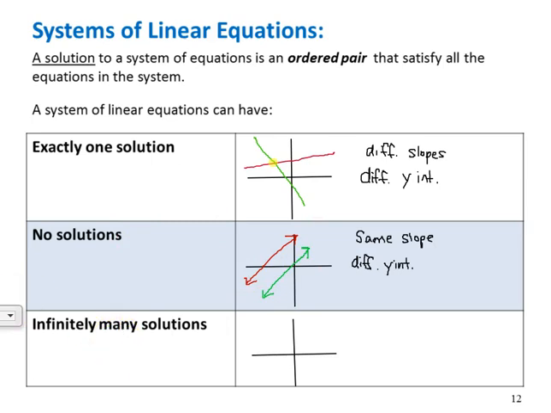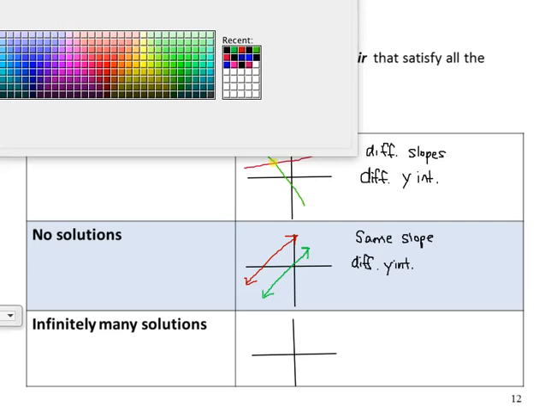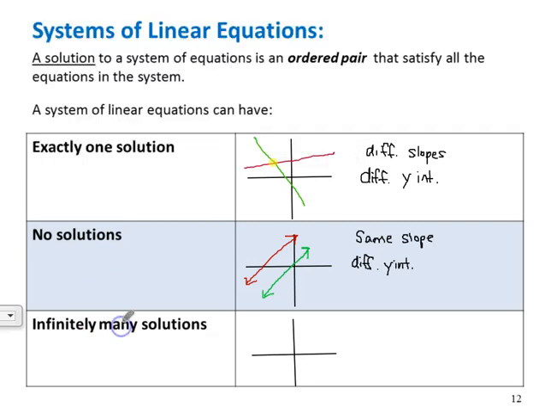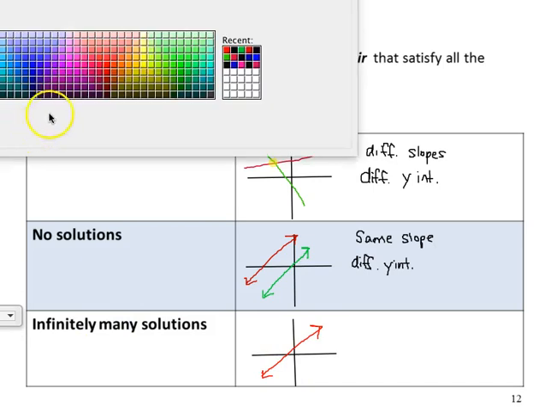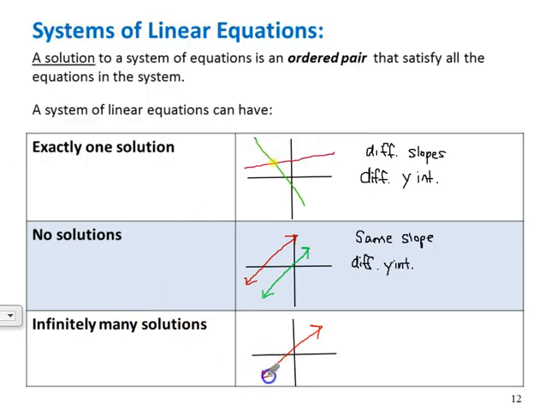The last case is infinitely many solutions. This happens when you graph your two lines and you find that the lines are right on top of each other. They're the same line when you graph them. So that means that any point on the line will be a solution. Any point that falls on the line will be a solution. That means infinitely many solutions.